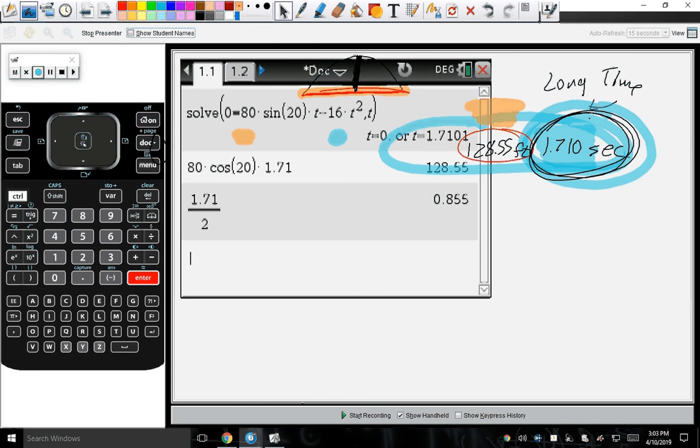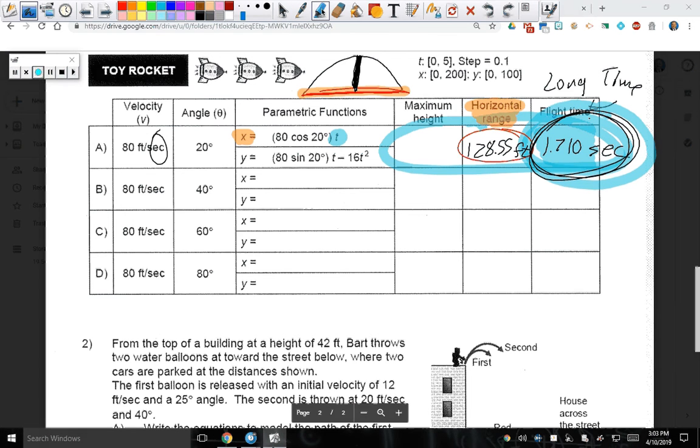And now that I have half the time, what am I going to do with that 0.855? Plug it into which one? Actually, we're going to plug it in to here so that we can solve. So I'll put it in green. We're going to solve it right here. We're going to put 0.855 at that time so we can know how high it is.